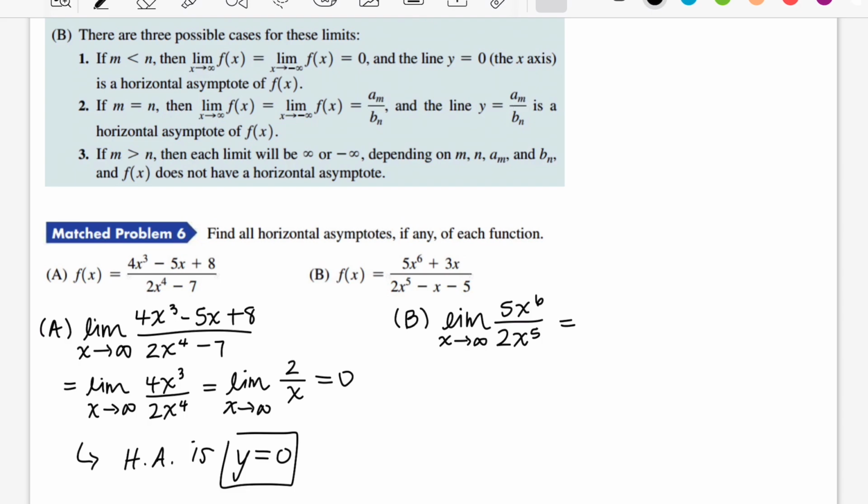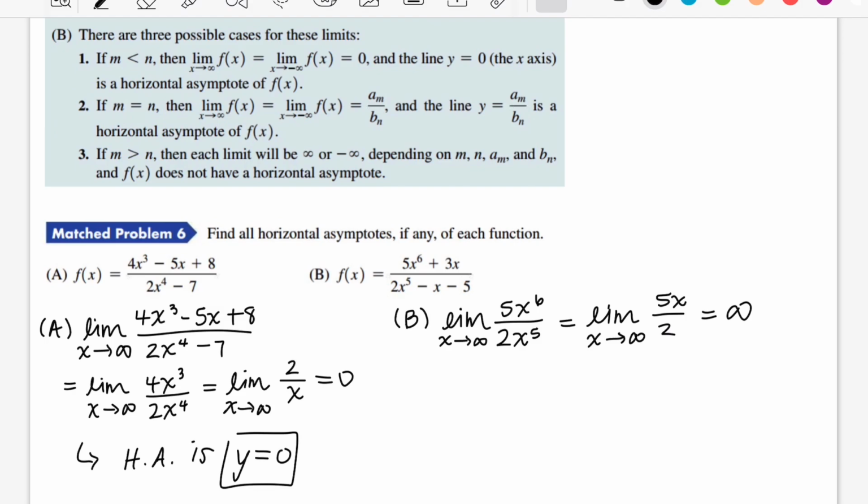And simplifying this, we get 5x over 2. And then in this case, we don't have a variable in our denominator. So we know that if we were to plug infinity here, or just get closer and closer to infinity, this number is going to get bigger and bigger. So our limit is equal to infinity.